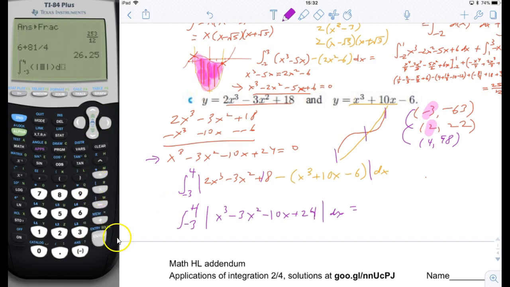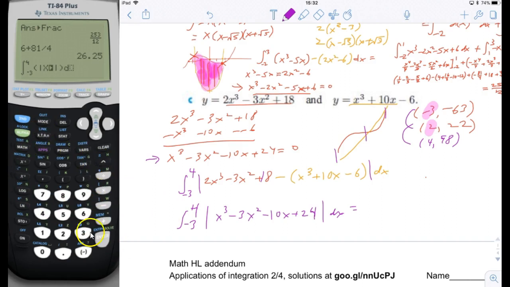And then I'm going to put in x cubed minus 3x squared minus 10x plus 24 dx.